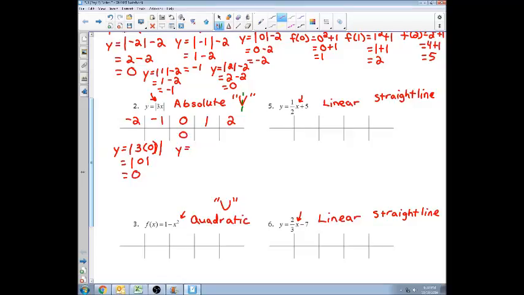If I put 1 in for x, it would be the absolute value of 3 times 1, which is the absolute value of 3, which would be 3. If I put 2 in for x, it would be the absolute value of 3 times 2, which would equal the absolute value of 6, which is also 6.